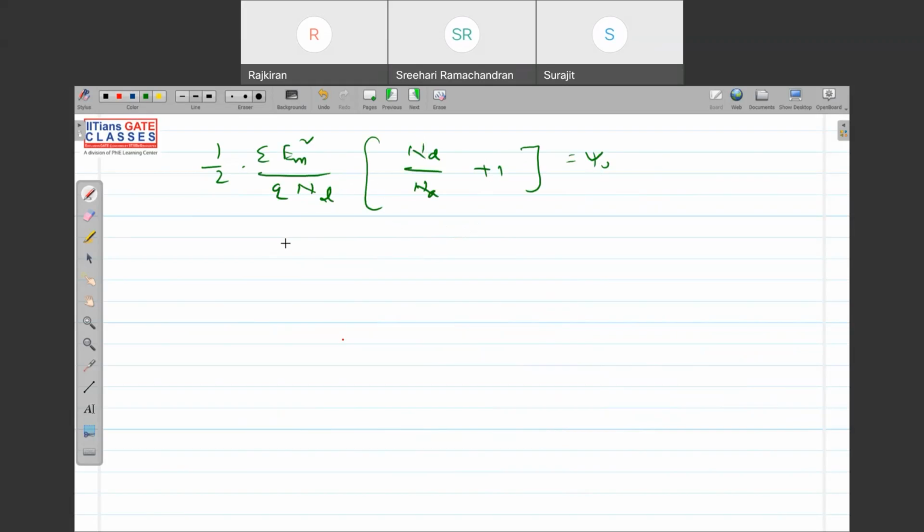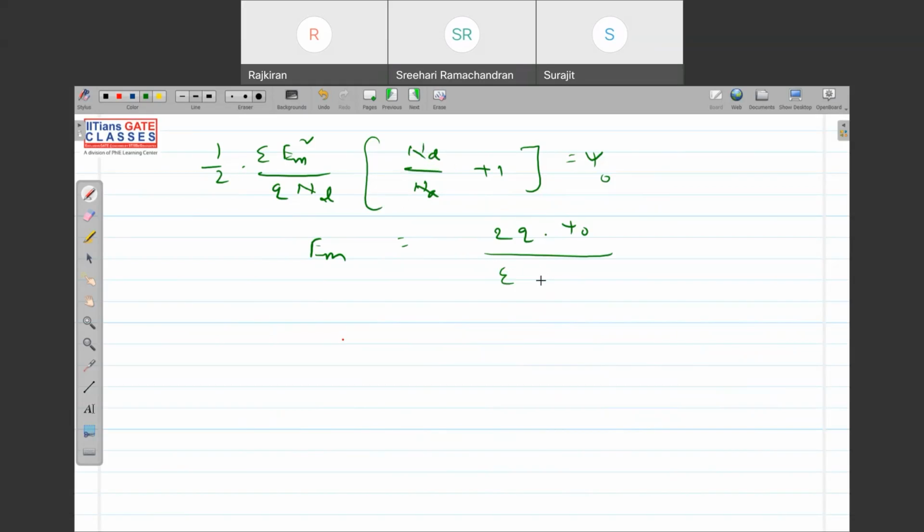So what is Em now? Em is equal to the root of 2q psi 0 divided by epsilon, into (1 by Na plus 1 by Nd).